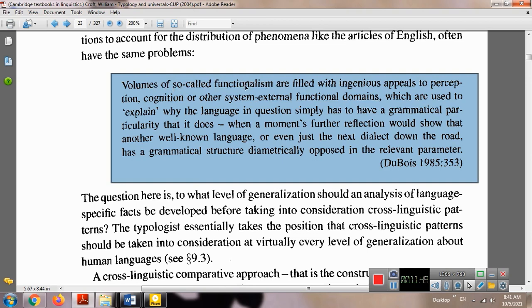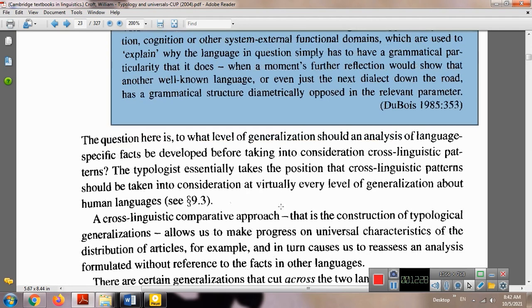Volumes of so-called functionalism are filled with ingenious appeals to perception, cognition, or other system-external functional domains, which are used to explain why the language in question simply has to have a grammatical particularity that it does, when a moment's further reflection would show that another well-known language, or even just the next dialect down the road, has a grammatical structure diametrically opposed in the relevant parameters.